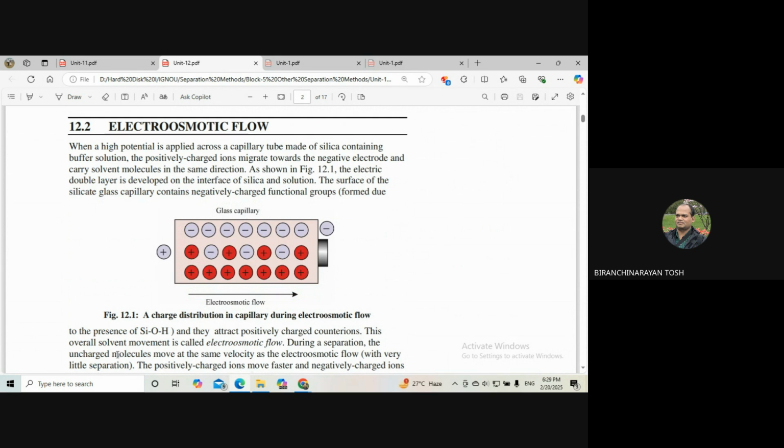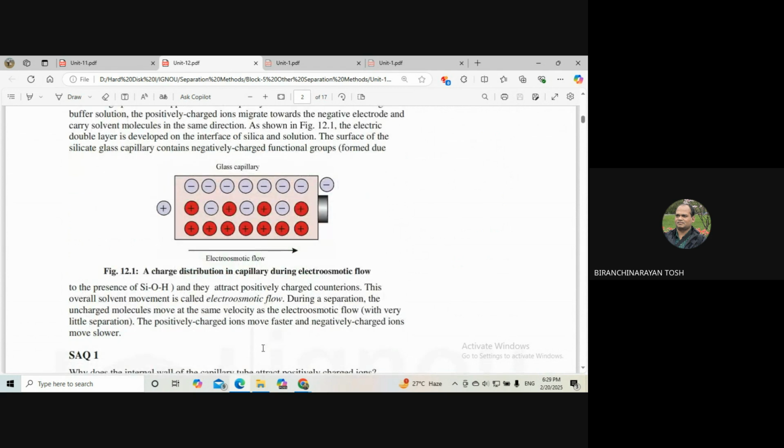This overall solvent movement is called electroosmotic flow. During separation, the uncharged molecules move at the same velocity as the electroosmotic flow with very little separation. The positively charged ions move faster and negatively charged ions move slower, so they can be separated.